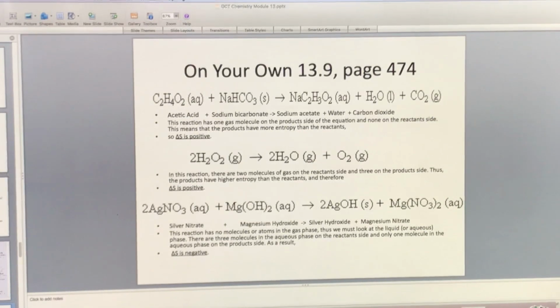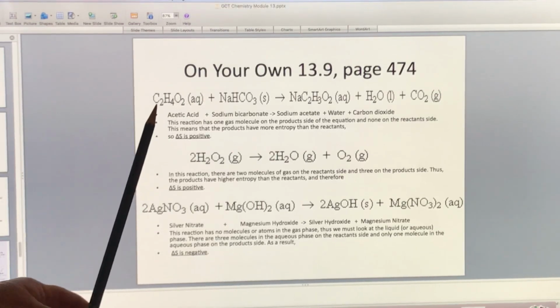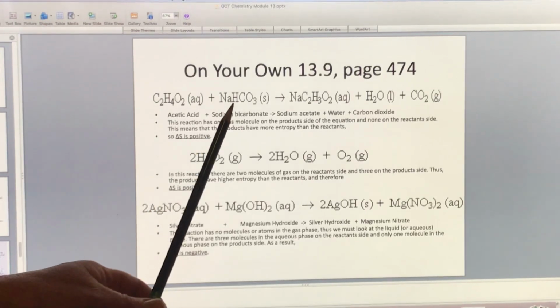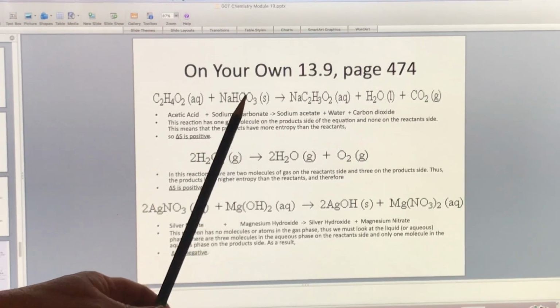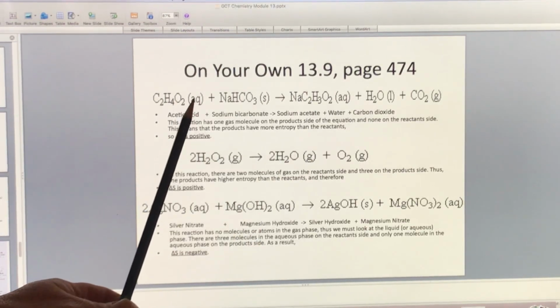So we're going to look at on your own 13.9 on page 474, and we're analyzing a few more reactions just so we can get this down pat. And so we have this reaction, C2H4O2, which is acetic acid, plus the sodium bicarbonate, and we're looking at the different phases.